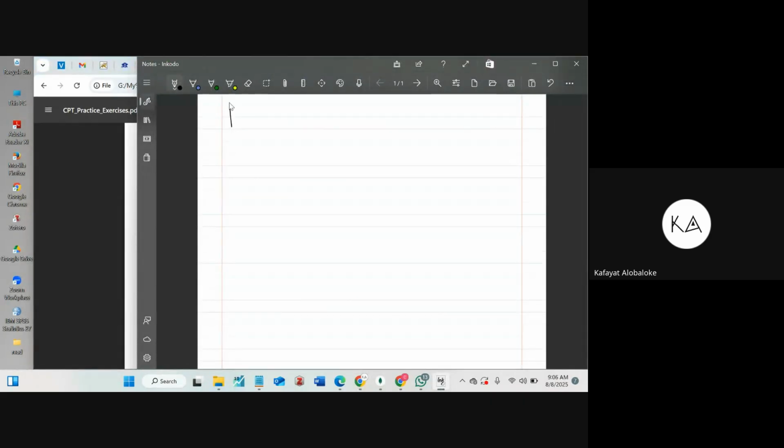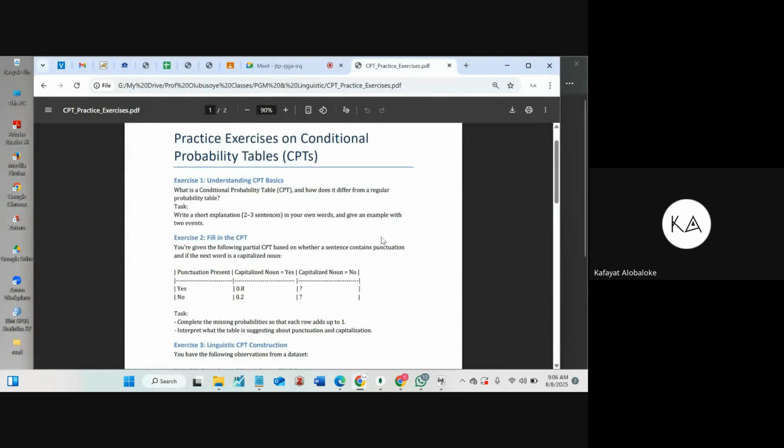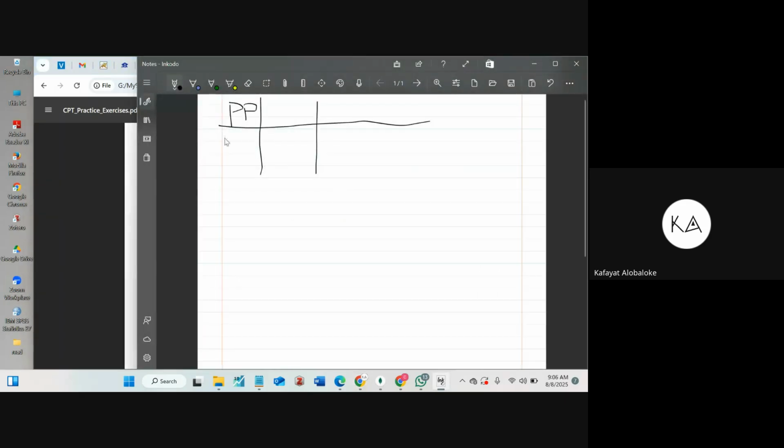So here we have punctuation present. Pardon my writing, I'm using my mouse to construct this. So we have punctuation present is either yes or no, right?